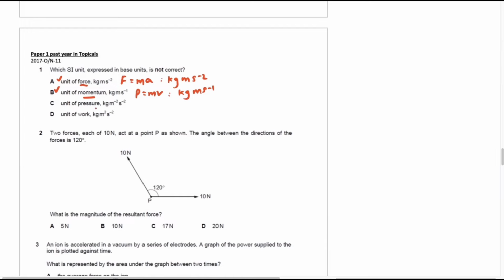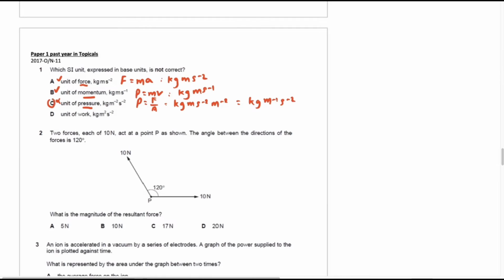Do you remember the formula for pressure? Force over area. So the unit of force, we have it here, kg m s^-2. The area is m^2, so m^-2. Okay, kg m^-1 s^-2. So this is wrong.